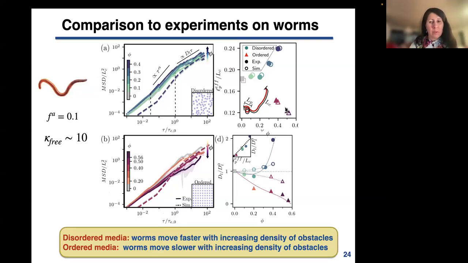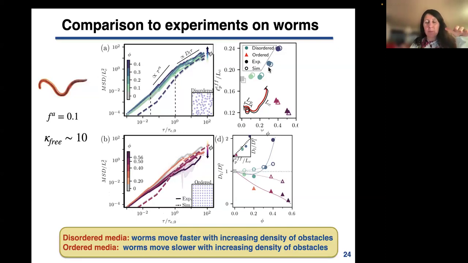But if you use this as an input, here again is the MSD of worms in the square lattice. If we look at long-time diffusion, we can capture the trends. The one going up is the worms in solid media, where you can see that the long-term diffusion of active filaments is increasing with packing fraction, which is quite counterintuitive because you would expect them to be hindered, at least in the range of semi-flexibility, where kappa is around 10. While for the ordered array, it goes down with the packing fraction.